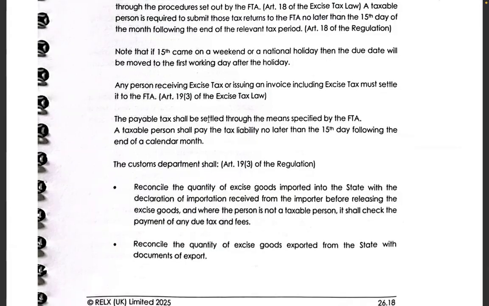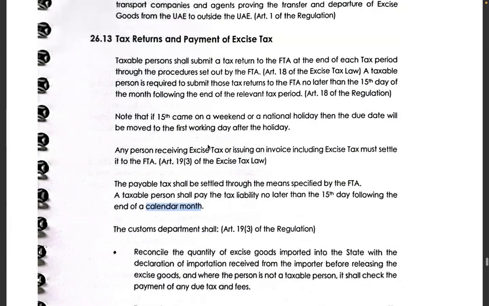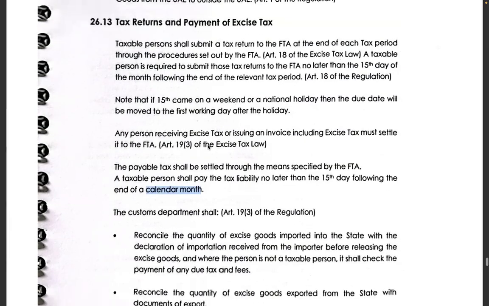The payable tax shall be settled through the means specified by the FTA. The taxable person shall pay the tax liability no later than the 15th day following the end of a calendar month. So in this particular case, it's very different. Excise tax return has to be filed on a monthly basis, actually by the 15th of the subsequent month.